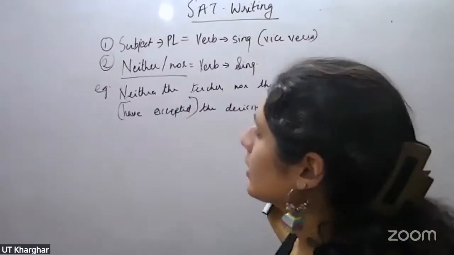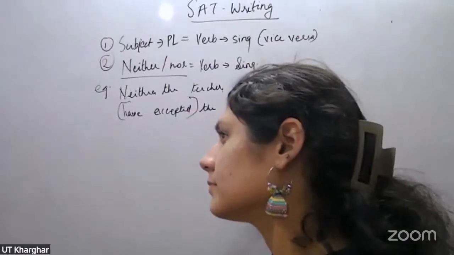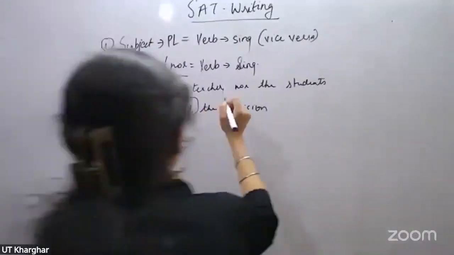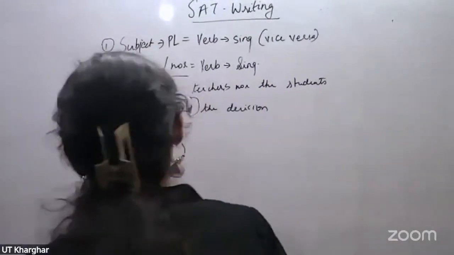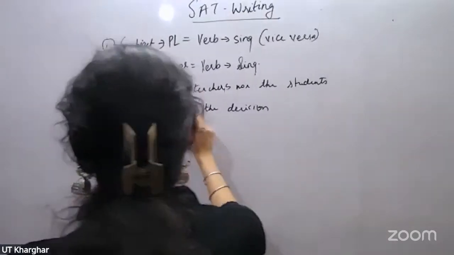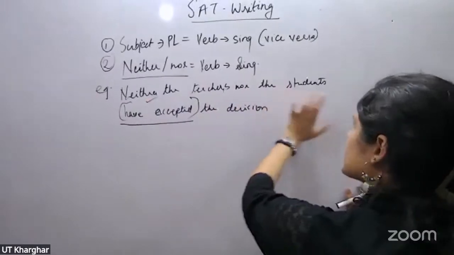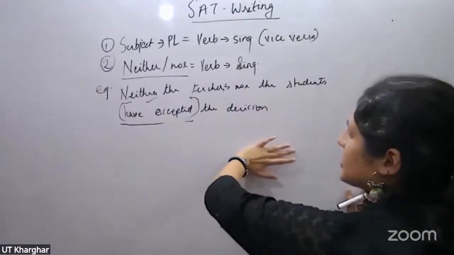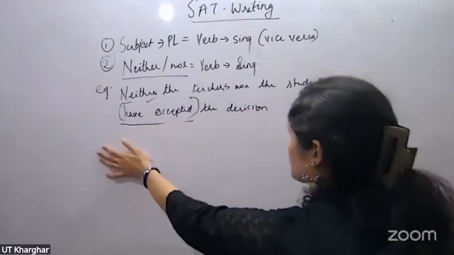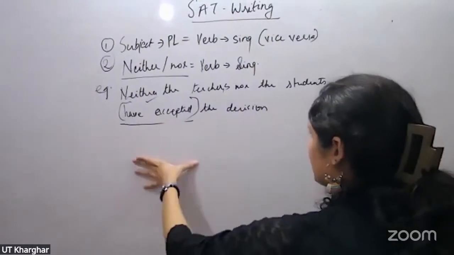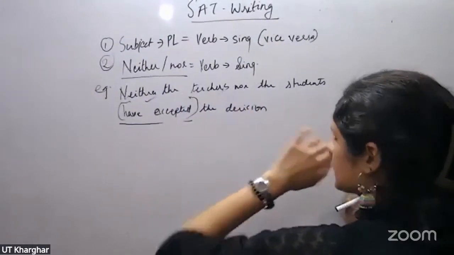The verb is have accepted. Perfect. Is it singular or plural? Singular. Perfect. Now, how will you see if the question is like this? Just imagine if this is a blank and you have only this, neither the teachers nor the students dash the decision. Okay, then you'll have the options have accepted, and two more options, something like this.